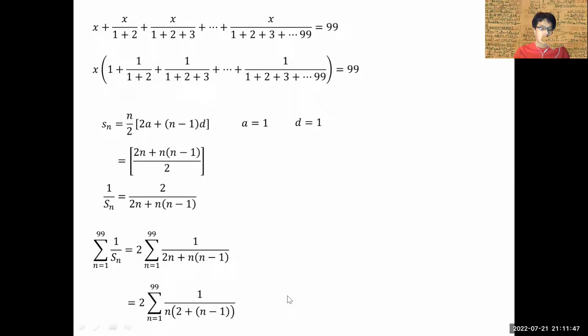Clearing up even further, I have 2 times the sum from n equals 1 to 99 of 1 over n of n plus 1. Actually, you can come straight to this step, because the arithmetical series below all have a common difference of 1, and the first term is 1.